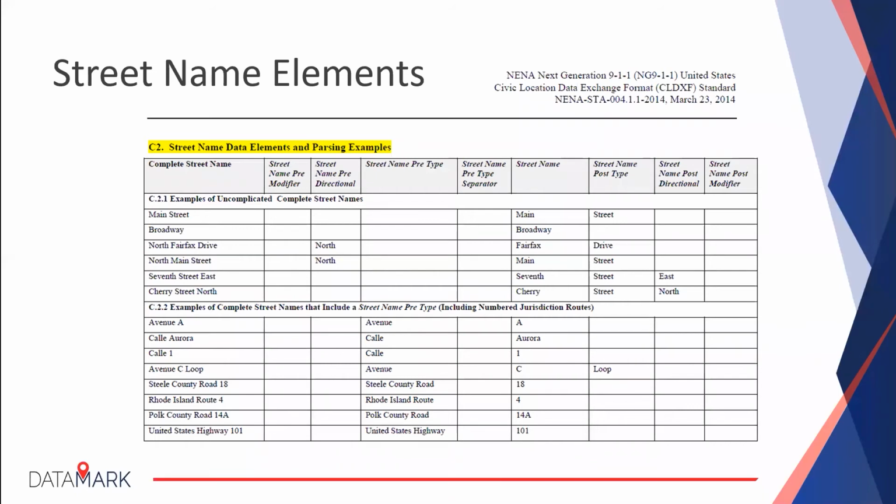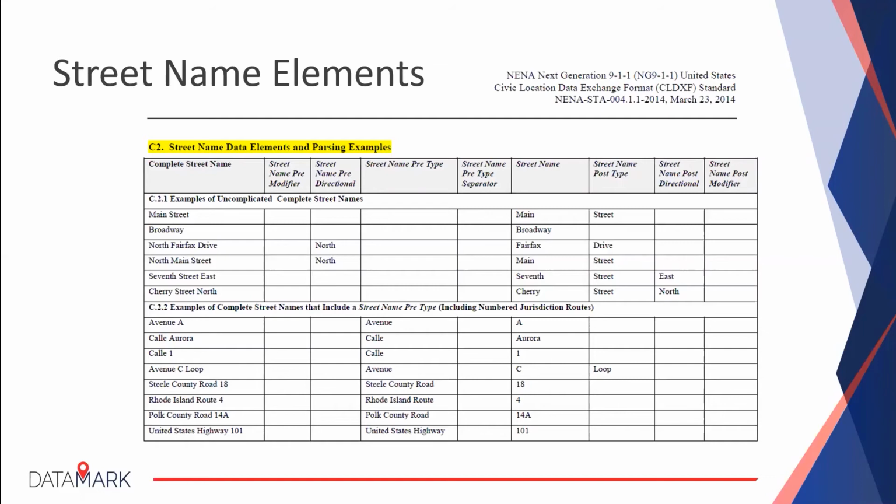You also see an example here in Avenue C Loop, where we have a pretype and a posttype. We had one particular client in California that came up with a number of these, and they had a number of Spanish language names. They came up with Strada, I forget the street name, but let's say Strada Rosa Street. Strada is actually the Spanish word for street, so it was Street Rosa Street.